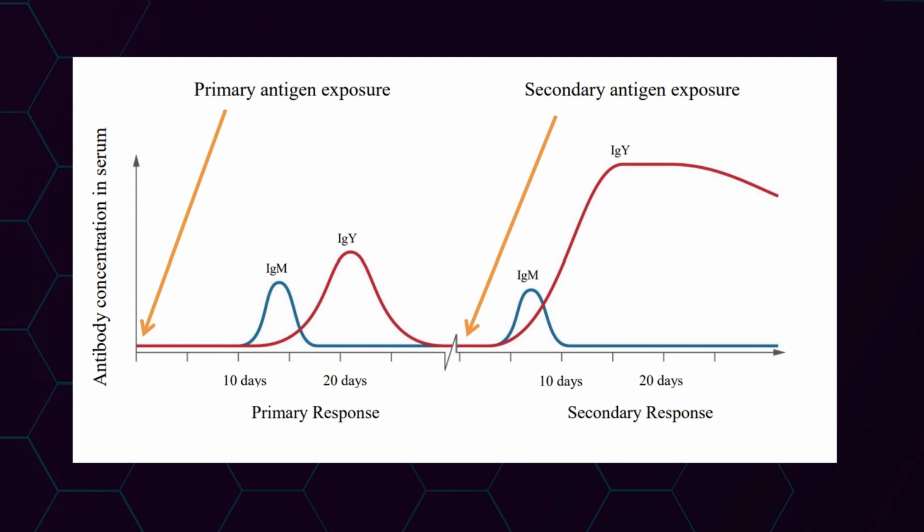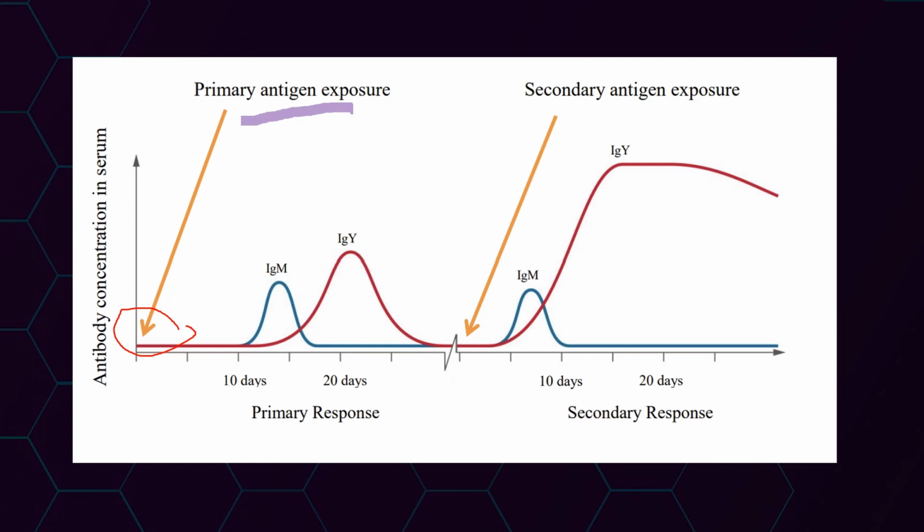If you could see on your screen, this is basically a review of how primary antigen exposure leads to an immune response. When we have a primary exposure, around the 14th day we have our first antibody generation. This is very important to understand, how antibodies are generated once we have exposure to any antigen.